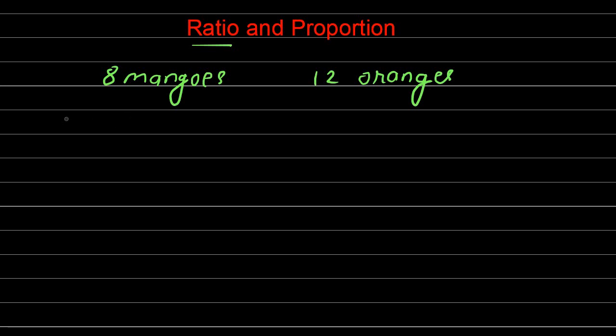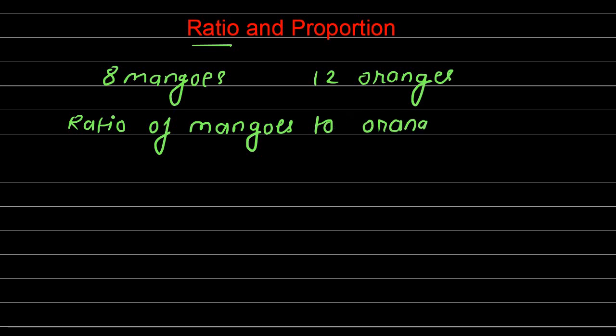Now there are two ways of finding ratio here. For example, if I say ratio of mangoes to oranges, if you see this statement, then you want first the number of mangoes.